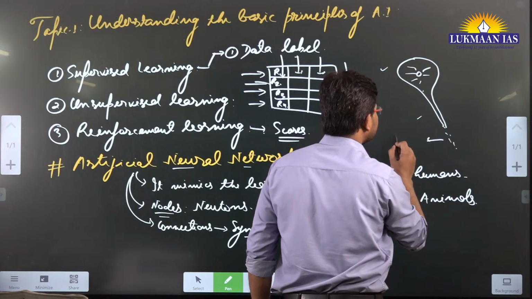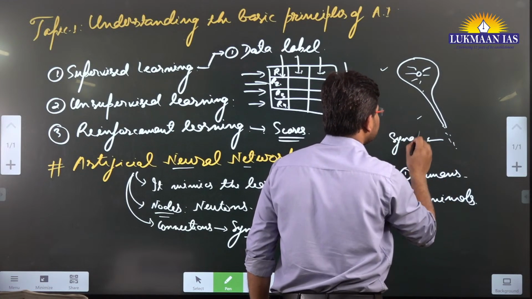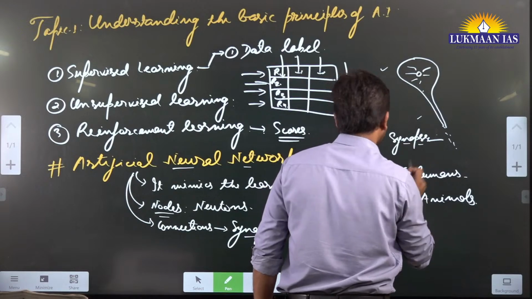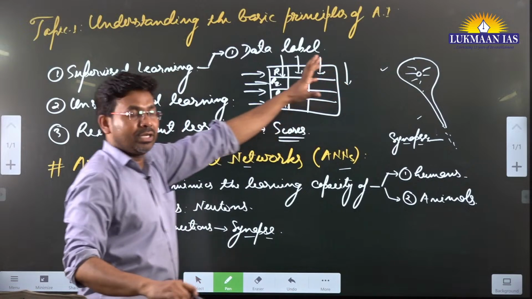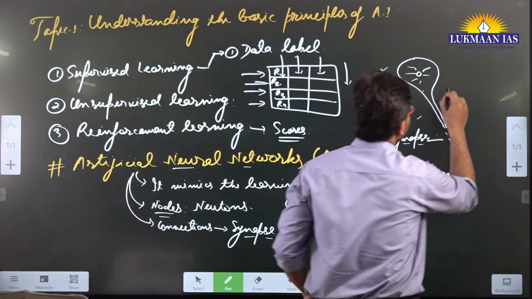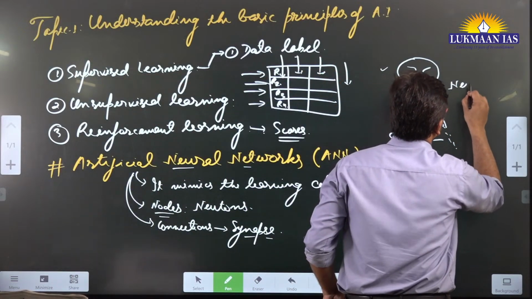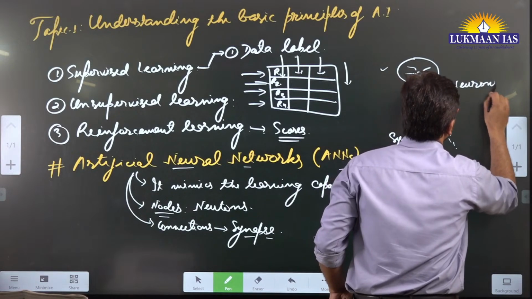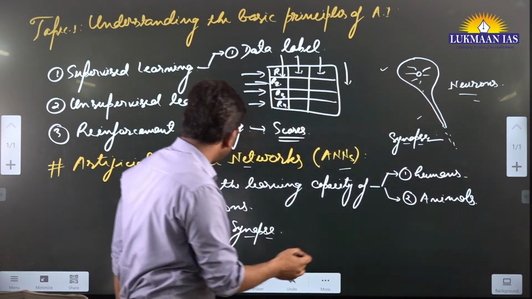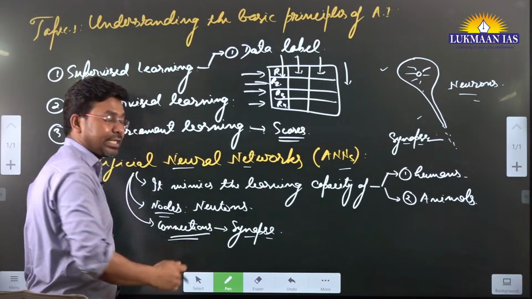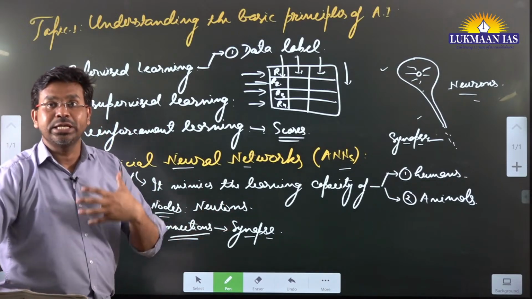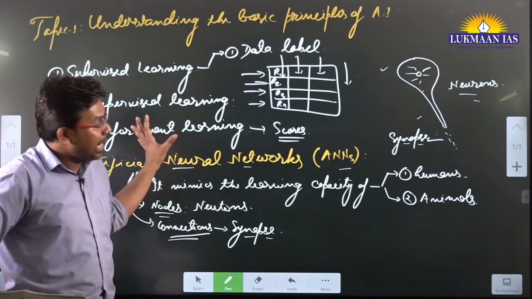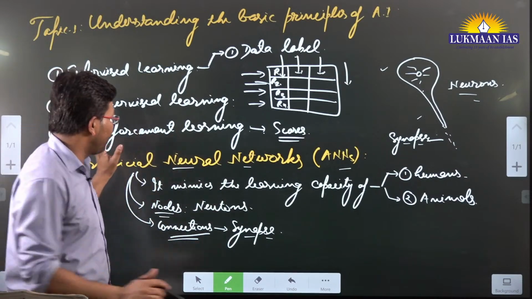This gap is known as a synapse. Similarly, in artificial neural networks, nodes represent these neurons, and the gaps are represented by the connections that they have. They also mimic the way the human brain works. Similarly, artificial neural networks perform.